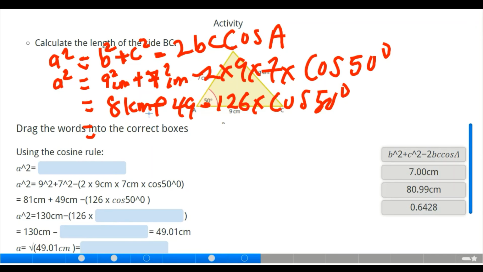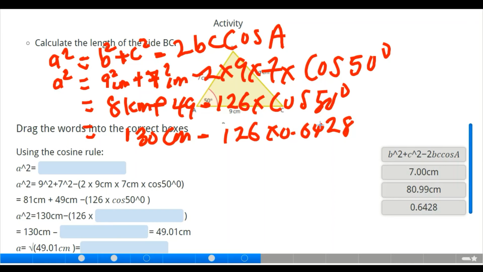So 81 plus 49 is 130, minus 126 multiplied by cos 50, which is 0.6428. So 0.6428 multiplied by 126 gives us 80.99.